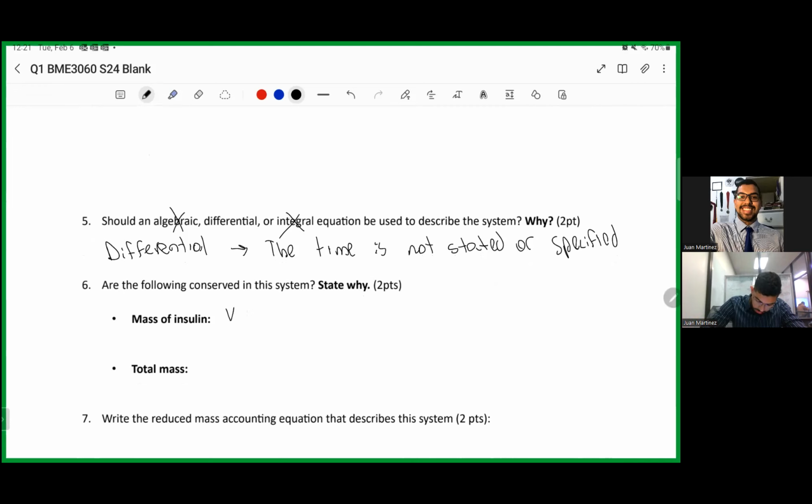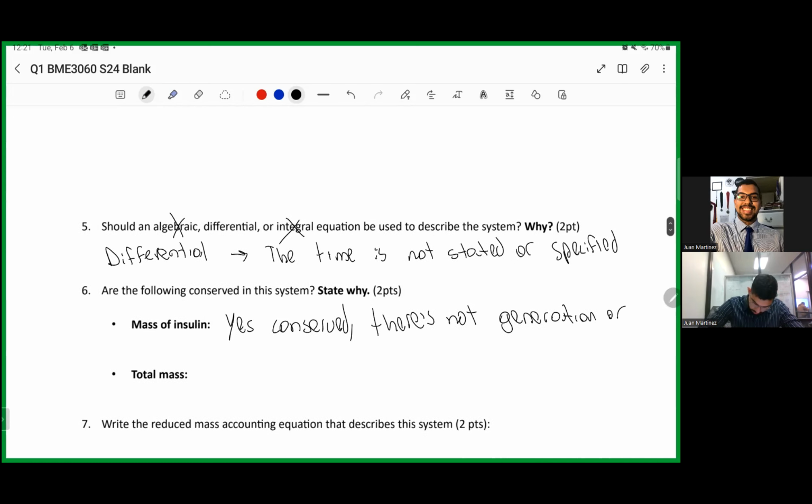So yes, conserved. We said why: there's no generation or consumption.